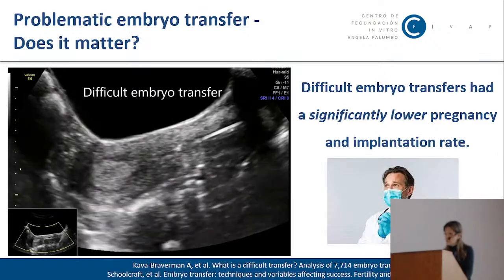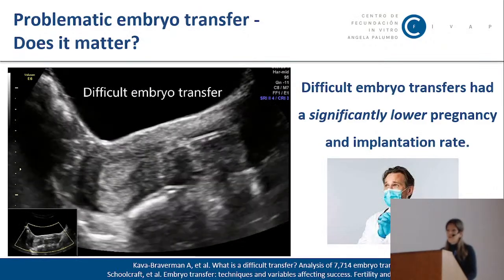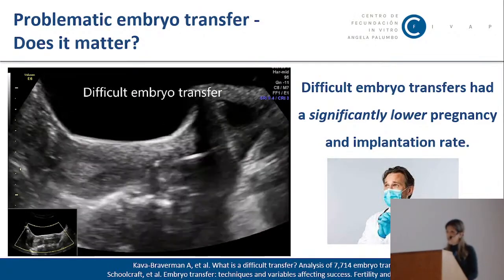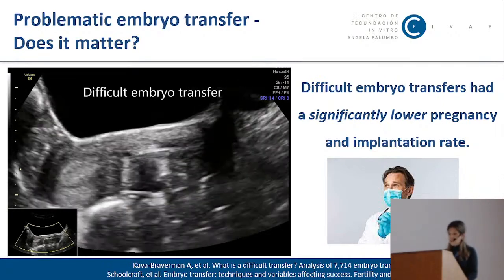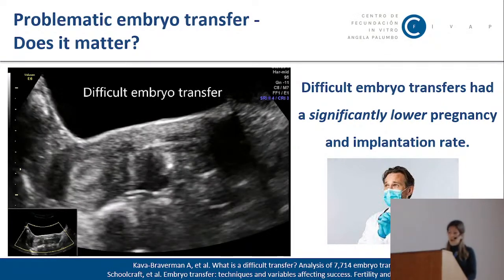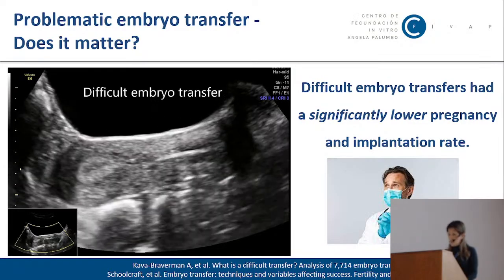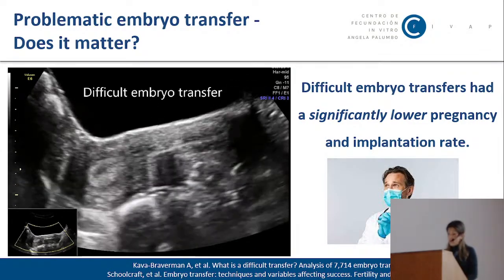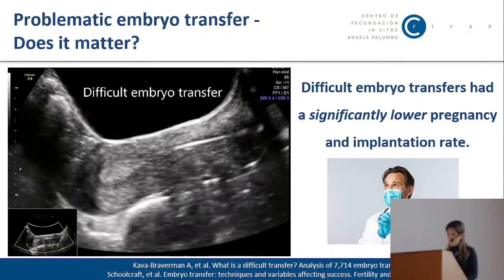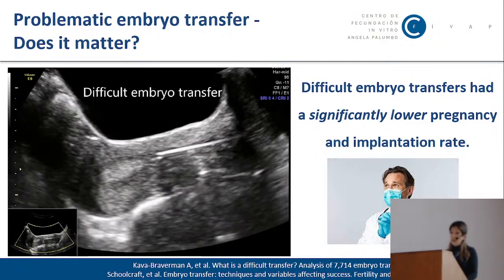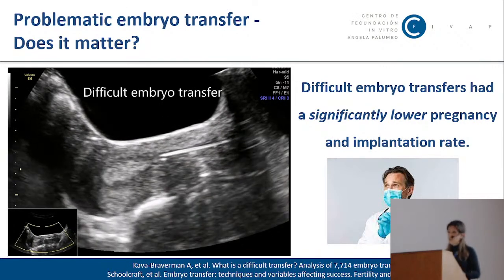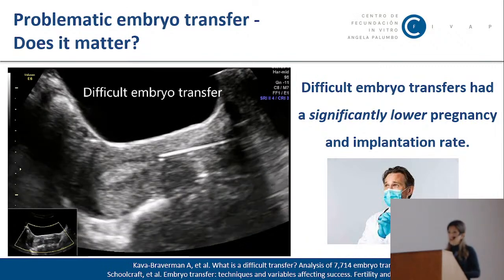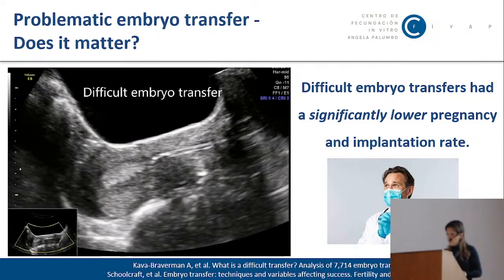But we all know that difficult embryo transfer may have lower pregnancy rates than easy transfer. We can see in this video that despite good quality two-dimensional images, it's difficult to pass the catheter through the cervical canal, and with the guide of abdominal ultrasound and movement of the speculum to correct the angle of the cervix, the passage is achieved.